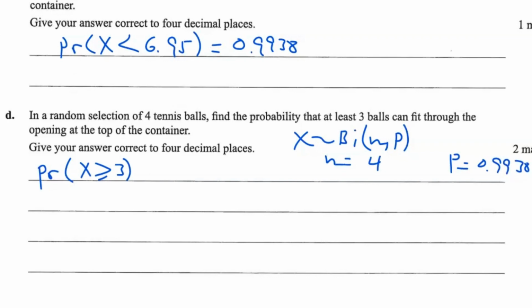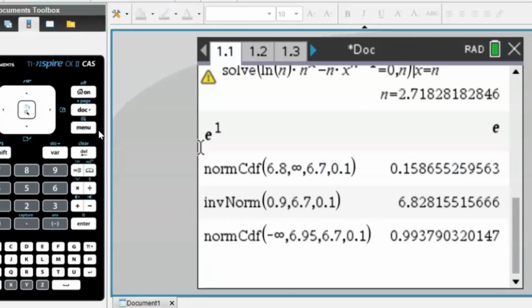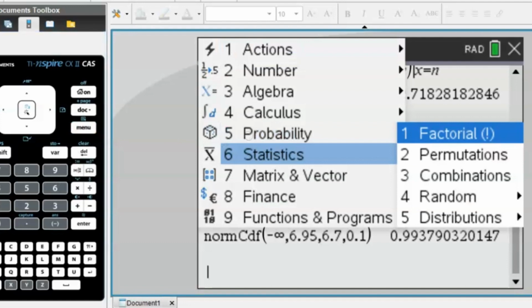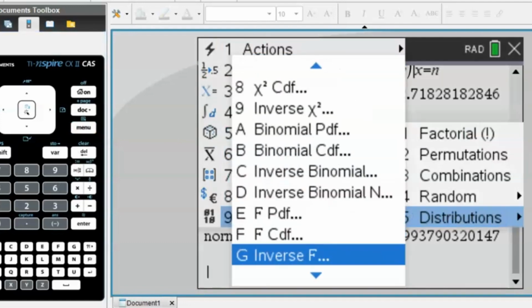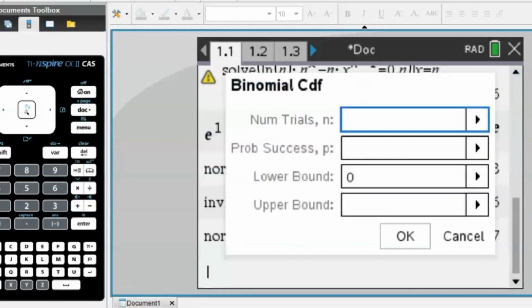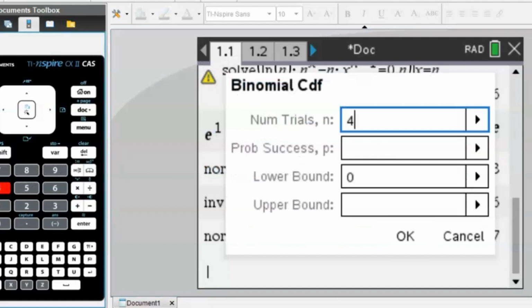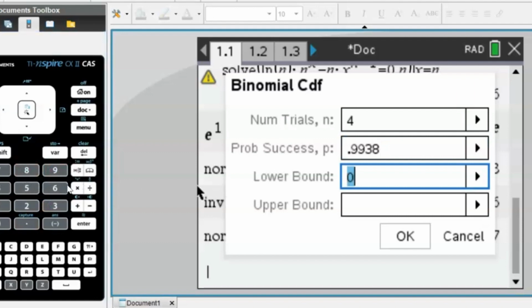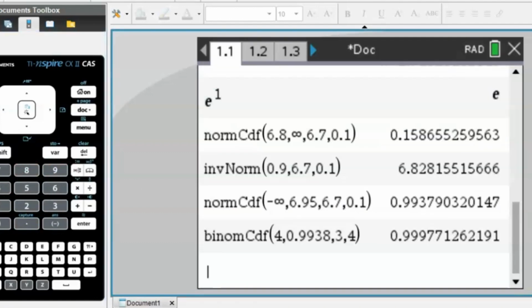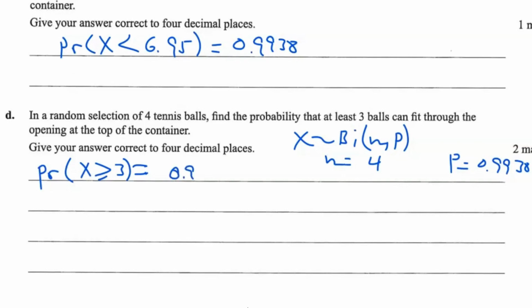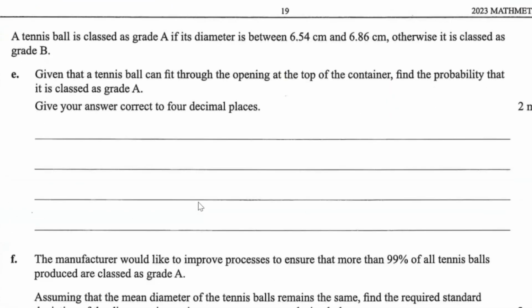Still use the CAS: binomial CDF, number of trials 4, probability of success 0.9938, lower bound 3, upper bound 4, and that gives me 0.98. Alright, let's move on to the next one.